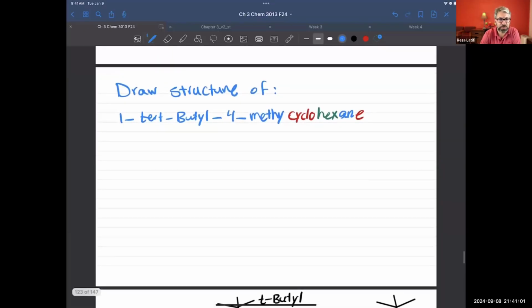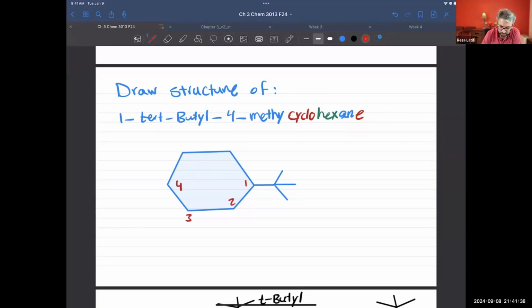Let's practice another example. Say we have 1-tert-butyl-4-methylcyclohexane. Let's draw that structure. So what do we have here? We have cyclohexane. On the first carbon, we have the butyl group, so here we have the butyl group, and this is going to be 1, and then we say 2, 3.